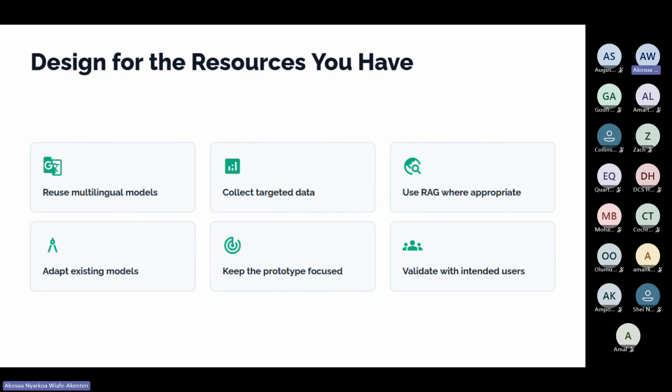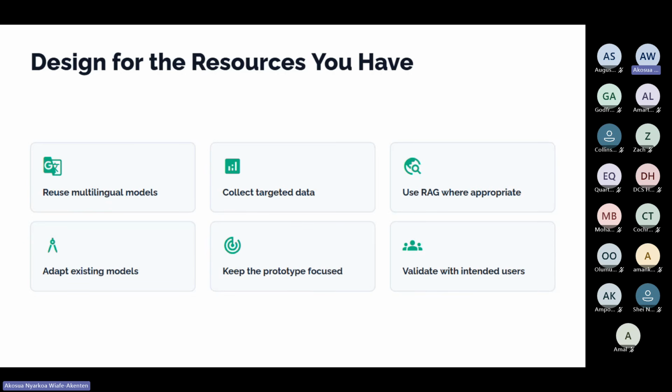Then you could also consider the AfriHealth question answering or Kiwi data set. So all of these are existing data sets that may come in handy, depending on your problem domain and your target language. So you should have that in mind.